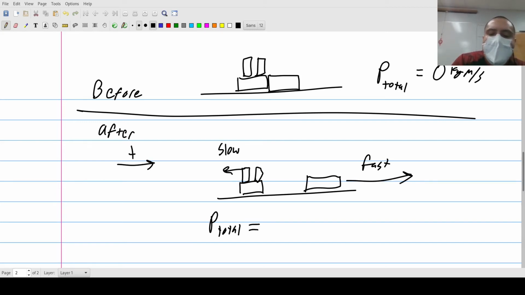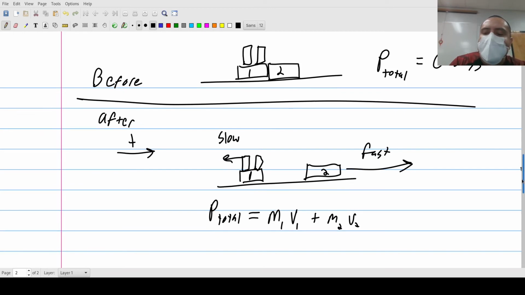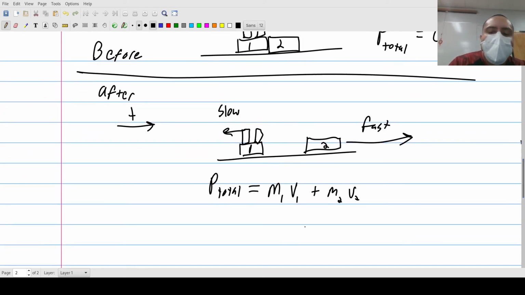Really doesn't matter. The total momentum is going to be equal to mass of 1 times v of 1, and let's call that number 1. Let's call this number 2. Mass of 1, velocity 1, plus mass of 2, velocity 2. Well, we know that mass 2 is smaller than mass 1, but we know velocity 1 is smaller than velocity 2.